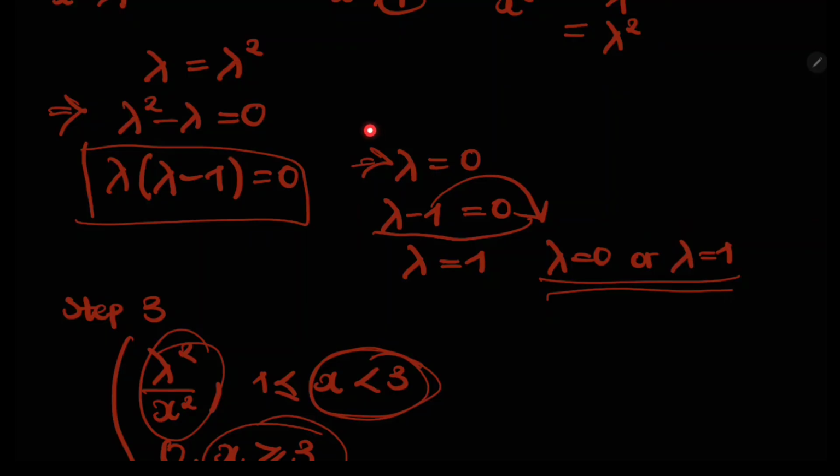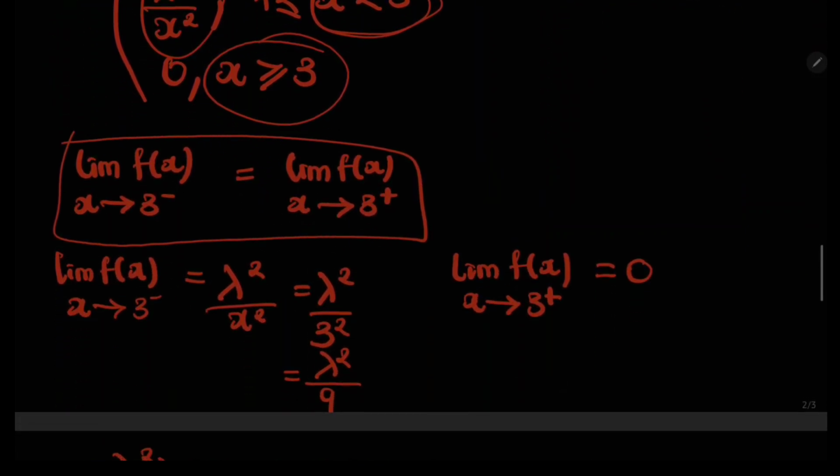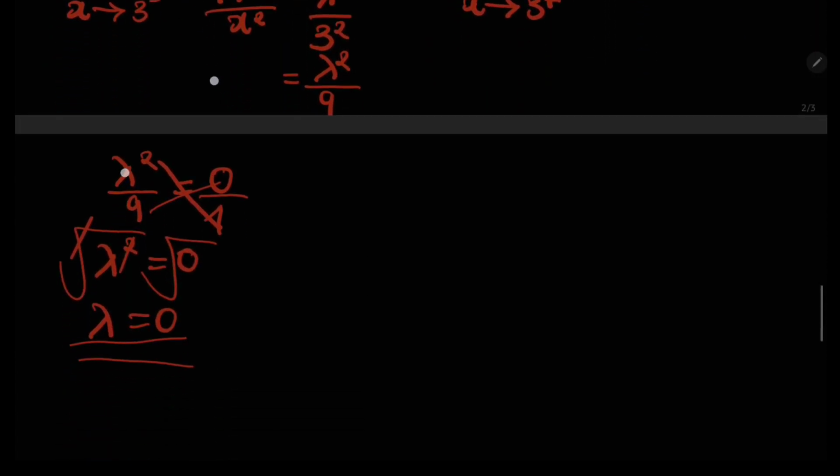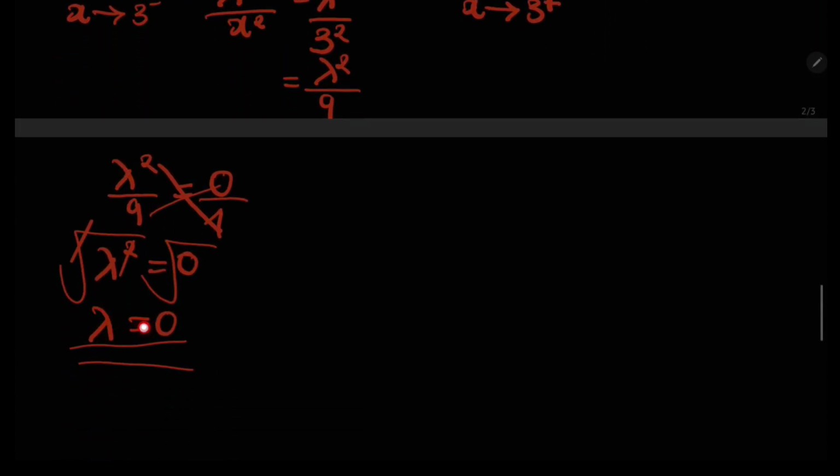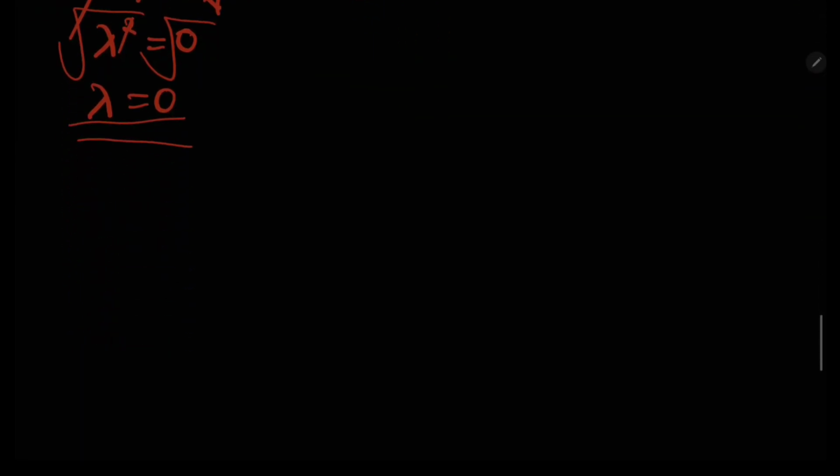And in the third step, we had lambda equal to 0. So we can just say that generally lambda is equal to 0. Okay, so that is that for this question.